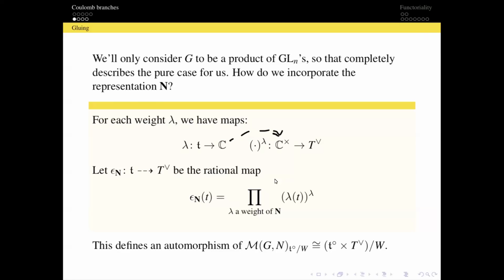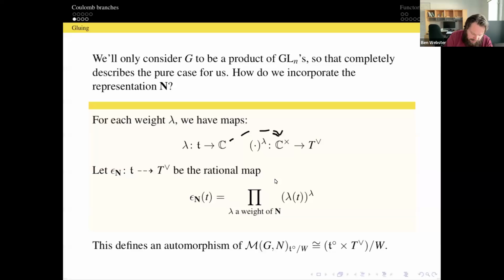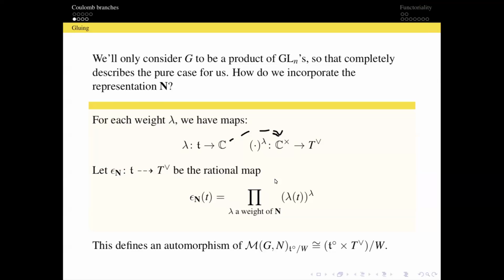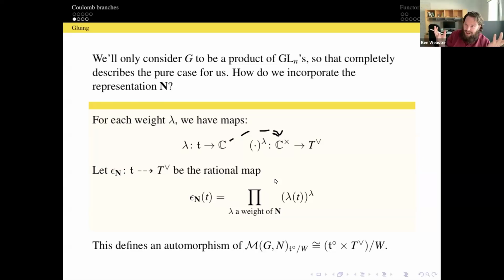And so I get a rational map from the Lie algebra T to the torus T check. All right, so this is a strange operation, and it's not defined everywhere on T. It's going to blow up, or it's going to not be defined at places where one of the weights is 0.